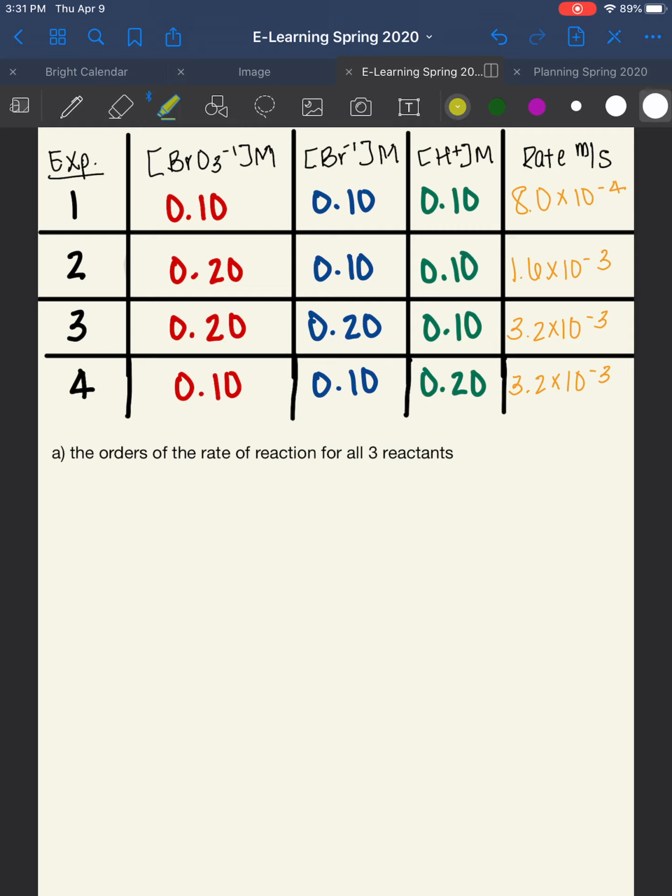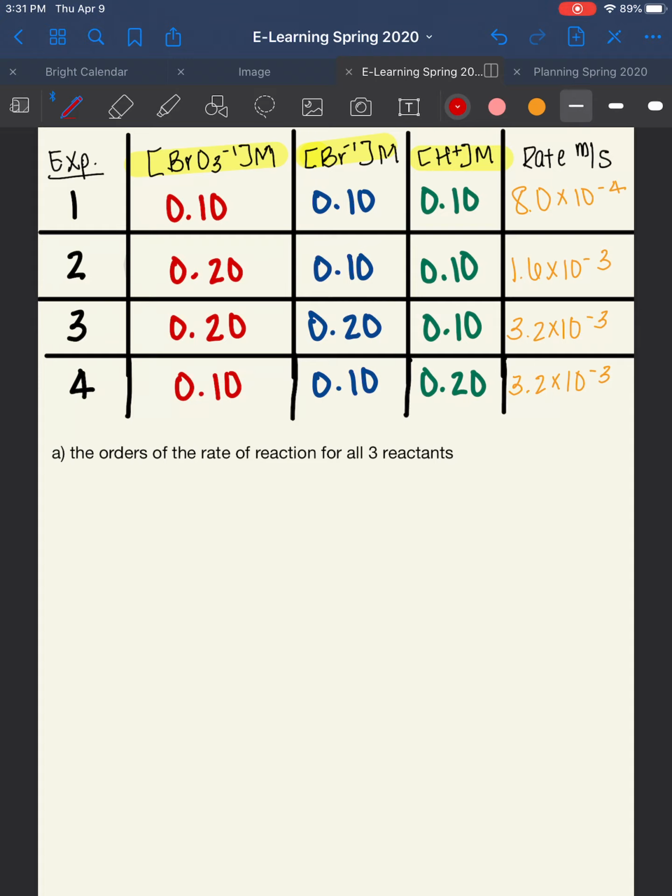Okay, so for this example, we do have 3 reactants. We have BrO3 negative, Br negative 1, and H plus. Those are my 3 reactants, so I'm going to need to find the orders with respect to each individual reactant.